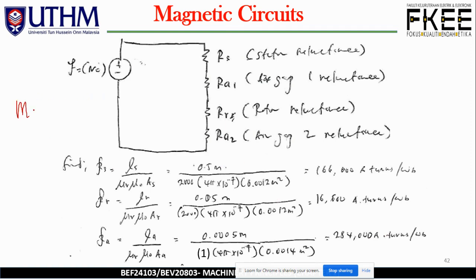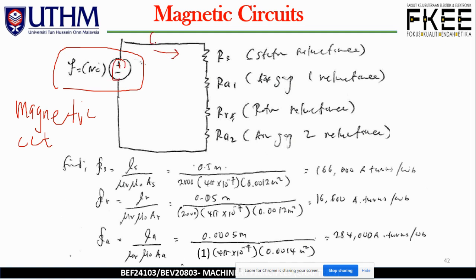Remember, start with the magnetic circuit, CCT for example. We have the magnetomotive force over here, F equal to Ni. This is the terminal positive and negative. So we should have here the direction of flux, where the flux goes. We have the first reluctance, which is the stator reluctance.